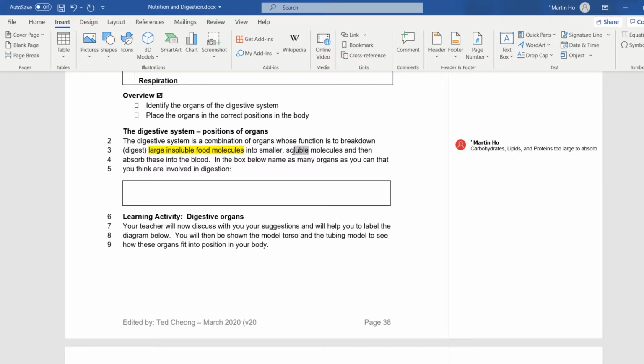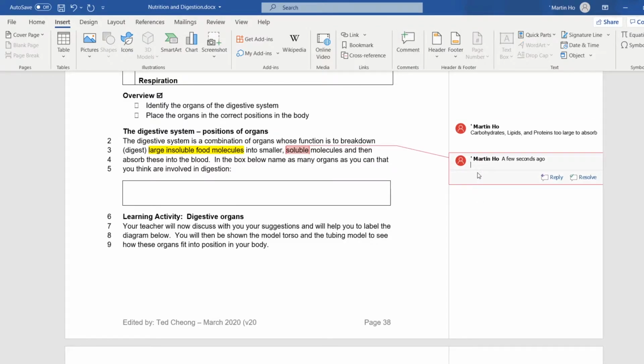However, our second note, we're going to focus on the word soluble. Soluble refers to substances that are able to dissolve. Therefore, if we have insoluble molecules, it means that they cannot dissolve.